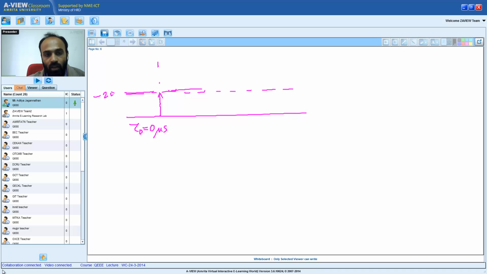I have a signal of minus 20 dB. What about the other path signals like scattered, diffracted paths?